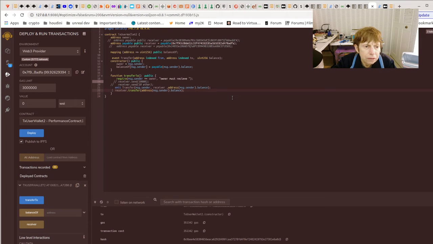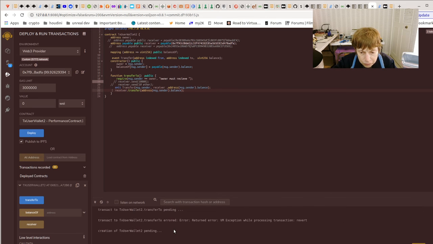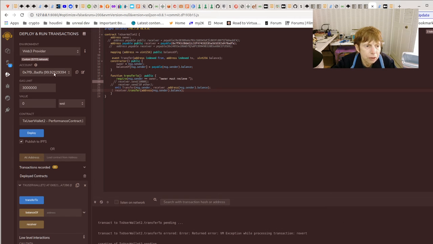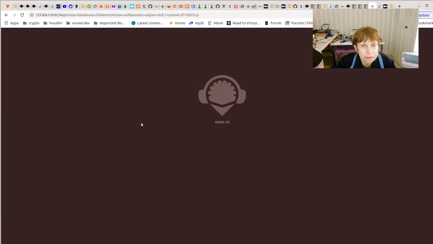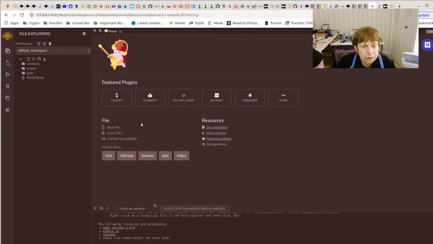Now that's interesting. This was working, and now it decided not to, with the same exact code. So this could be an issue of the contract just running out of ether. I'm going to restart this and see if that changes anything.